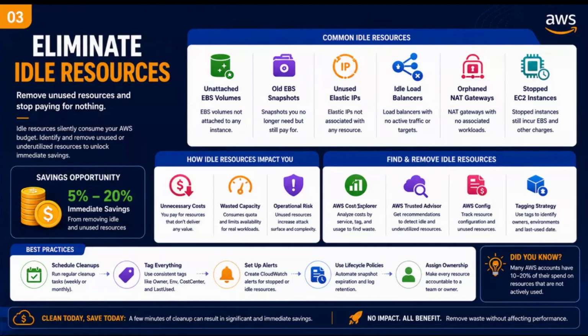How? Use AWS Cost Explorer to review and analyze cost, service tags, and usage, finding waste. AWS Trusted Advisor gives recommendations to detect idle and unauthorized resources. And AWS Config tracks resource configuration, unused resources, and tagging strategy.